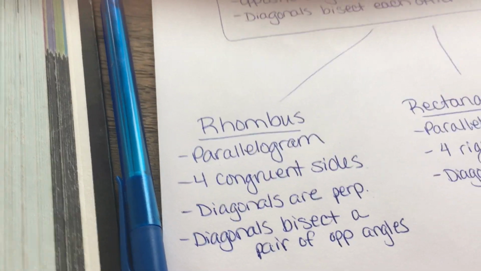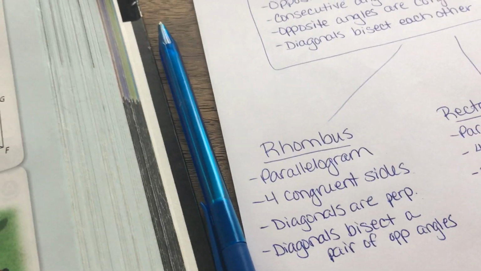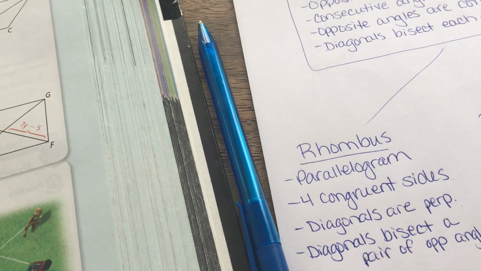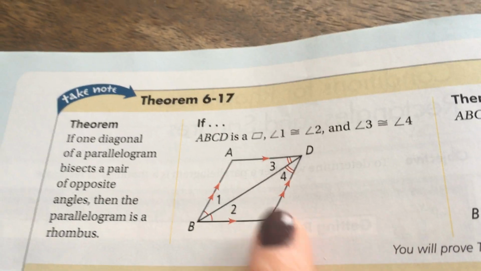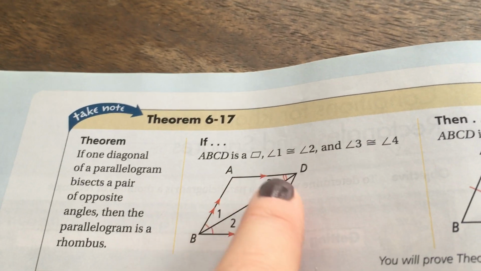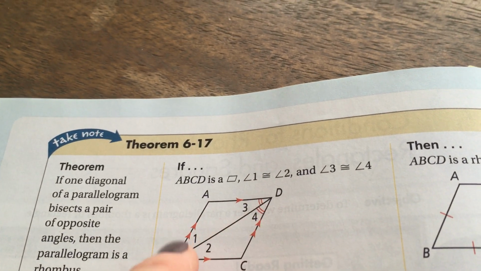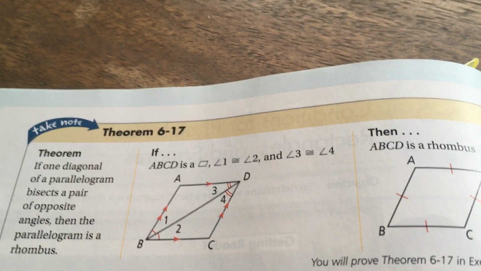The theorems that we learned today are 6.16 and 6.17. And 6.17 says that if you have a parallelogram where the opposite angles are being bisected, then you have a rhombus.